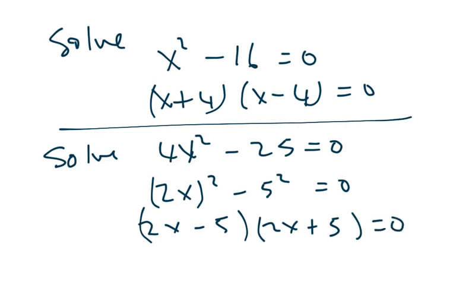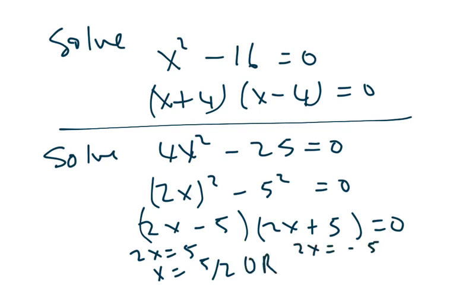And that means that 2x minus 5 is equal to 0, or 2x plus 5 is equal to 0. And that means that 2x is equal to 5, and x is equal to 5 over 2. Sorry about running out of space here. Or 2x is equal to minus 5, and it means x is equal to minus 5 over 2.